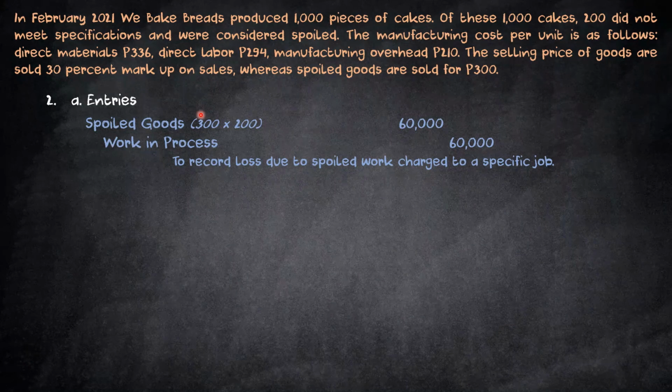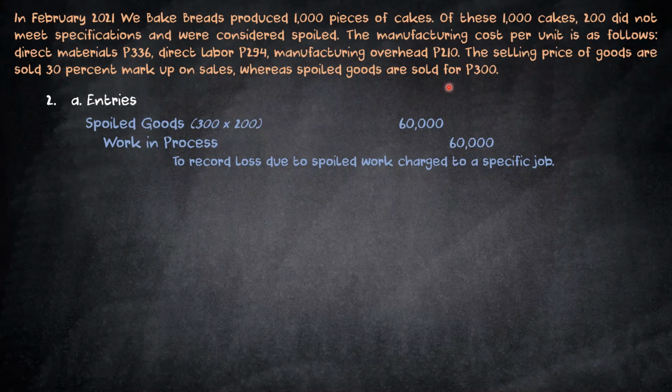Same computation with number 1, yung 300 natin comes from the recovered cost per unit, ito siya. And then, multiply lang natin by 200 spoiled units. We will be able to get 60,000. So, ganyan lang ang entry kapag specific job. Actually, wala siyang entry if and only if wala tayong recovered amount.